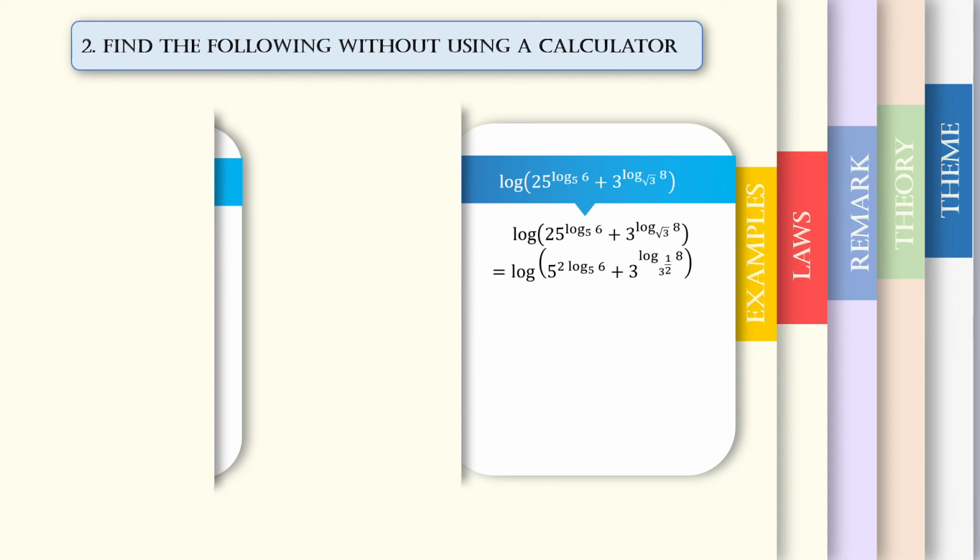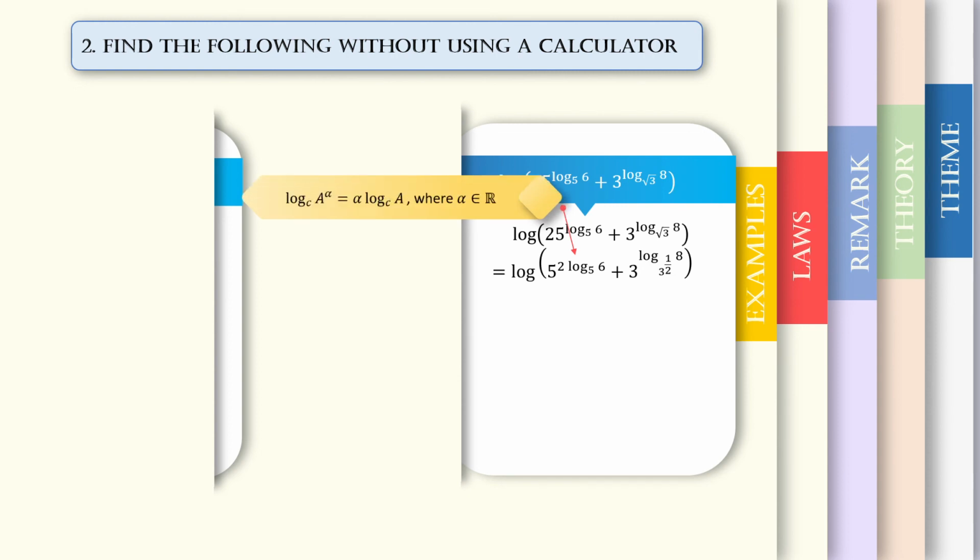But if we analyze attentively, we can see that 25 we can write as 5 to power 2, while the square root of 3 we will write in the form 3 to power 1 divided by 2.